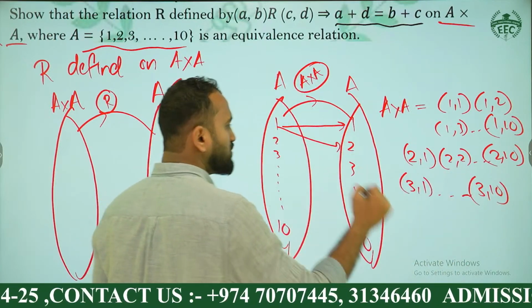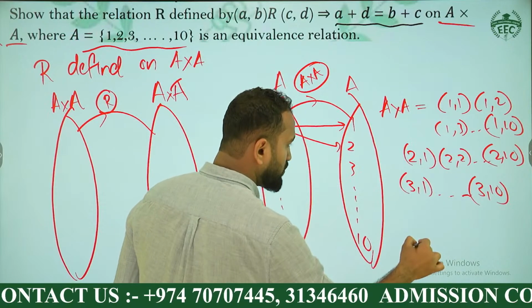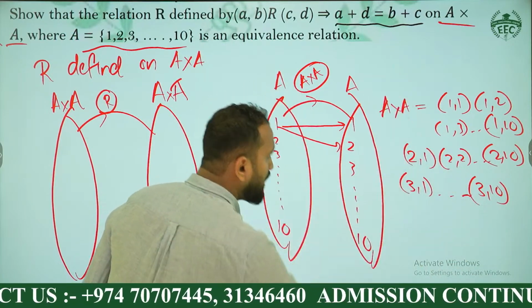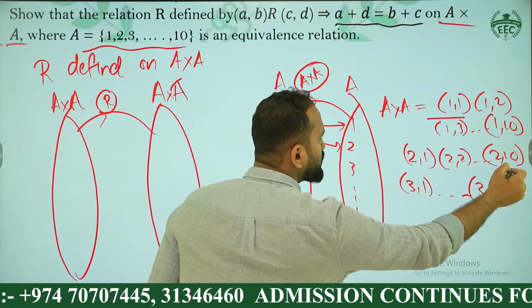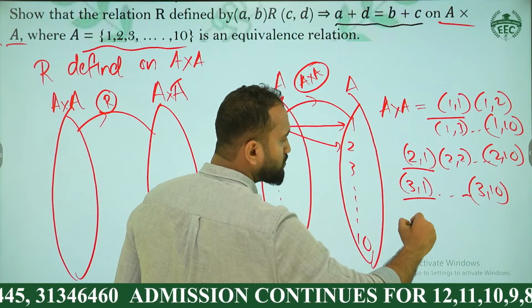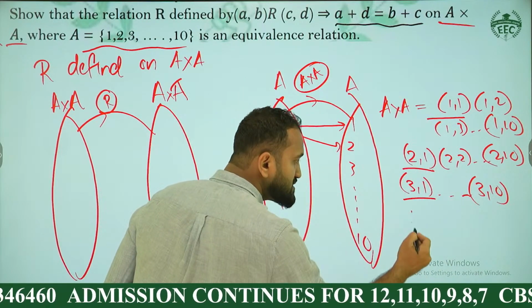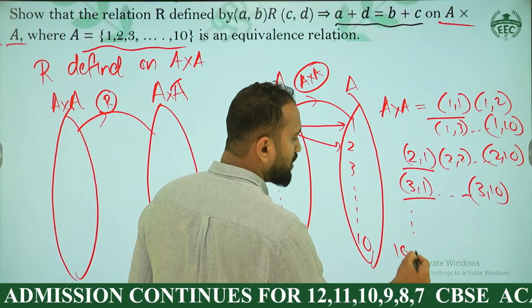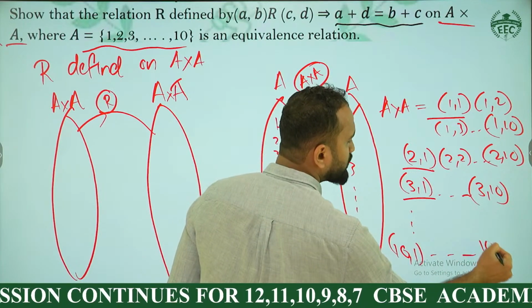Now, 4, 1 to 4, 10, 5, 1 to 5, 10, and etc. At the end, you can see the last element, that is 10, 1 to 10, 10.